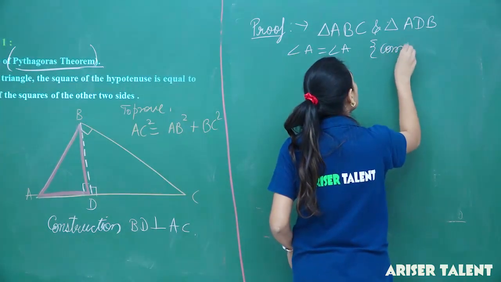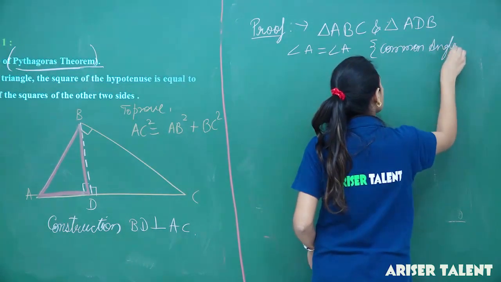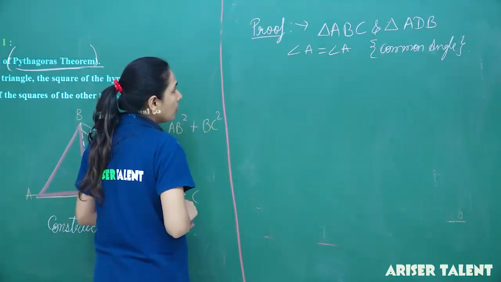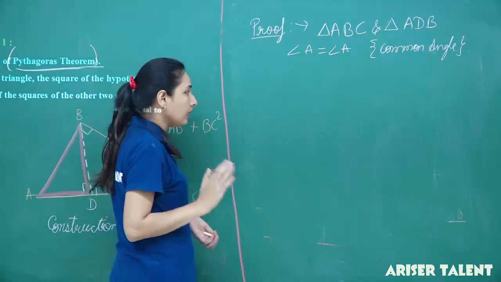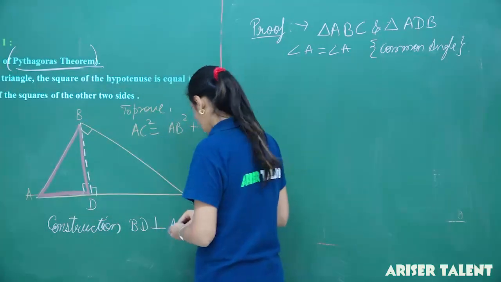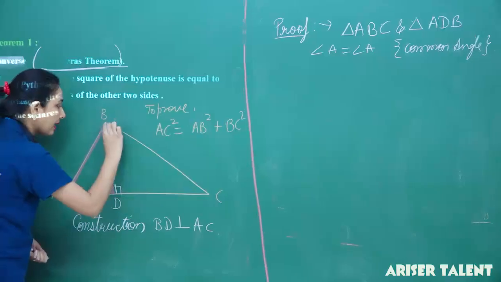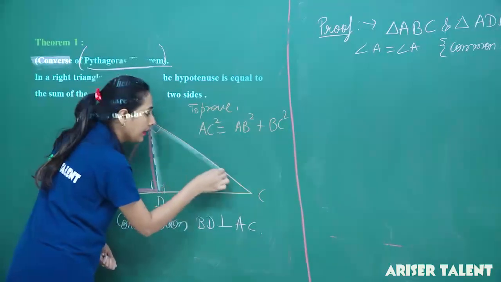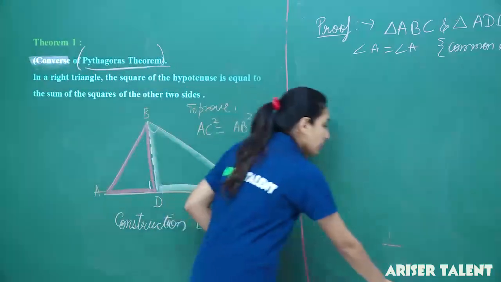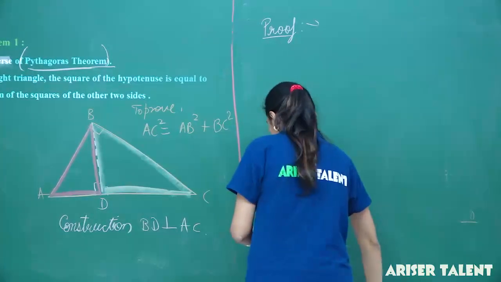Yes, angle A is common in both these triangles. Okay, so let's do one thing. We will take these two triangles, it will be very easy to understand it in this way. So I am taking two triangles simultaneously.